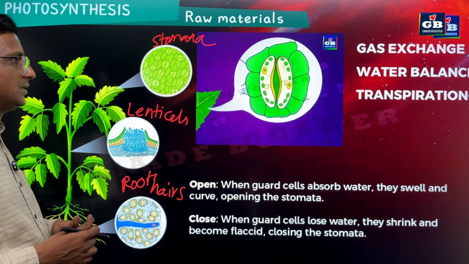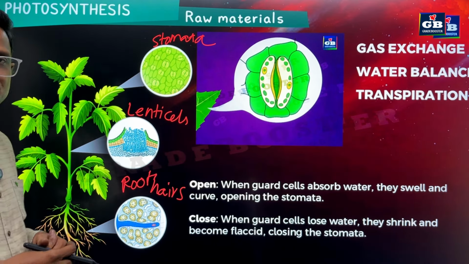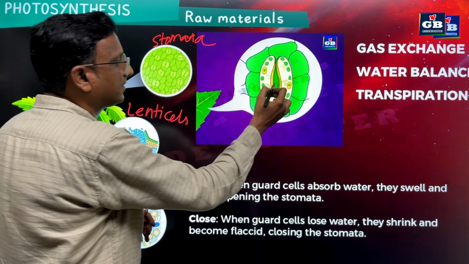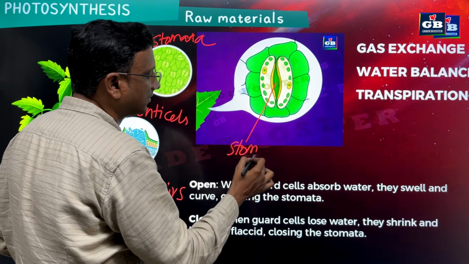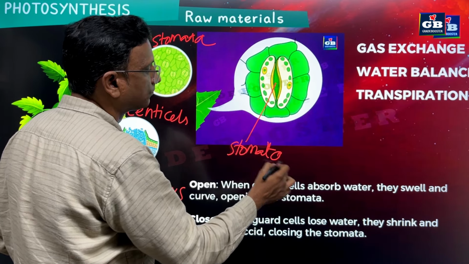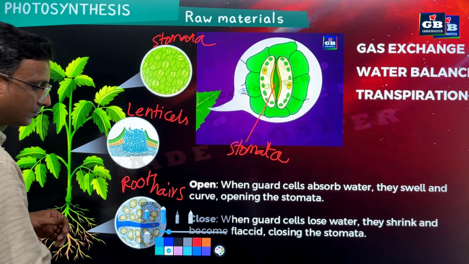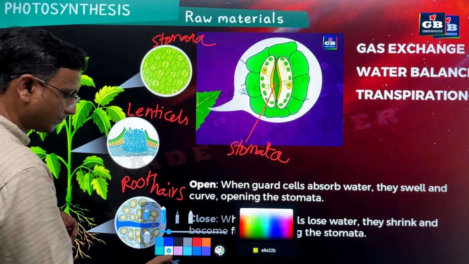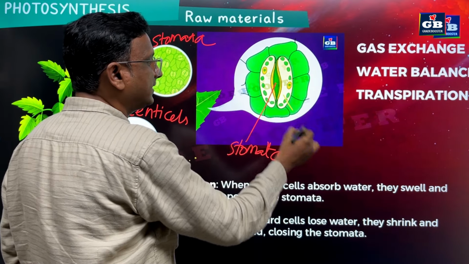Right, children? So here we have the clear structure of stomata. A leaf contains so many stomata. What is stomata here? The center part is stomata. And what are these?